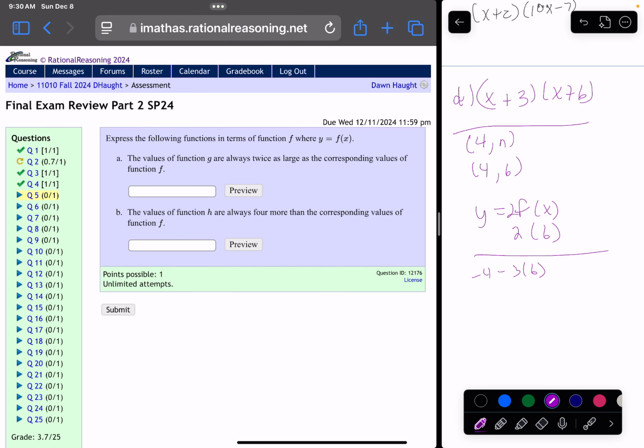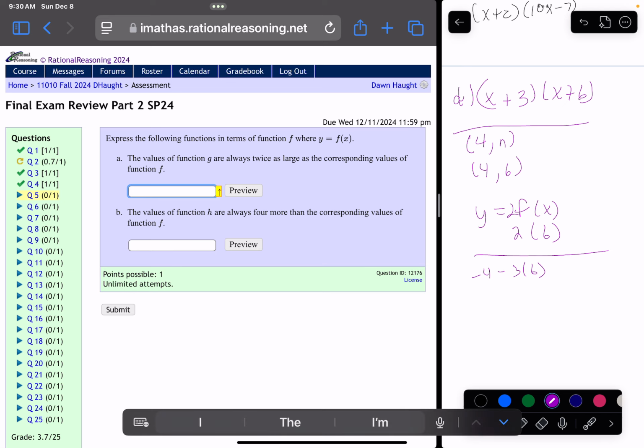Seems harder than it was, but it says the following functions in terms of f, where y is equal to f of x. The value of the functions g are always twice as large as the corresponding value of f. So g, and I don't know if we want to put f, we're going to experiment here, equals 2 times f of x.